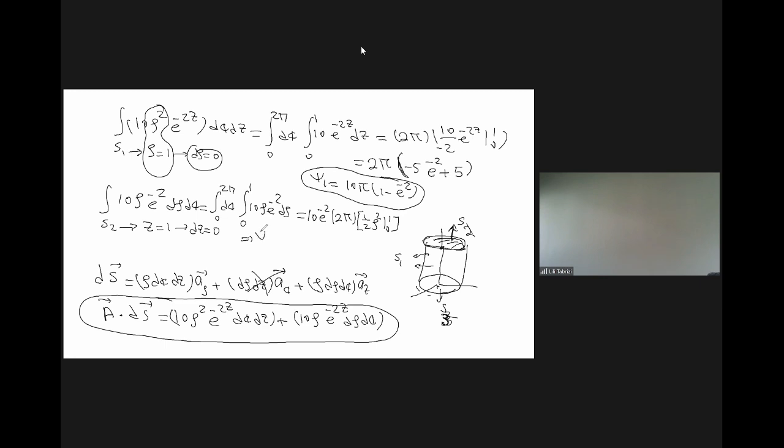So psi 2, rho at the lower limit is 0, at the upper limit you get 1 half. 1 half cancels 2, so you get 10 pi e to the minus 2.